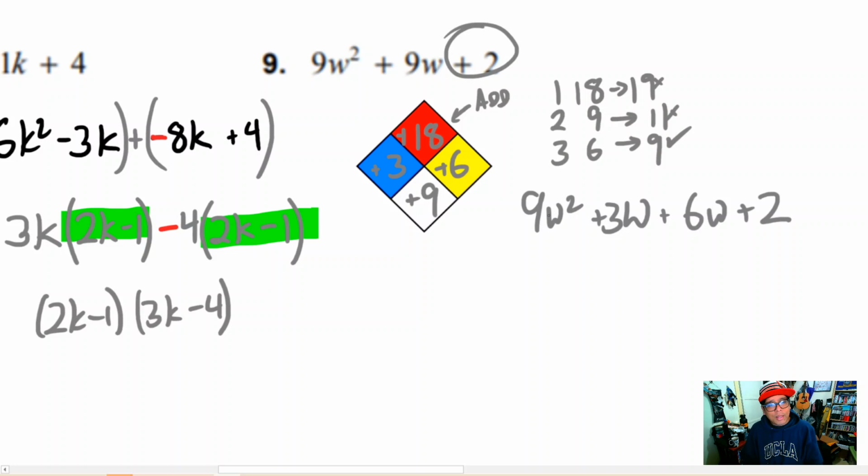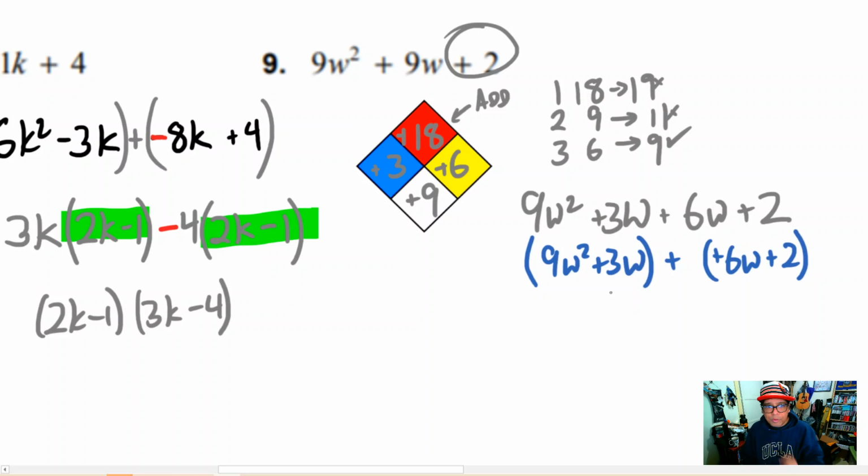Then we'll group. I'll do this in a separate step: 9w squared plus 3w, put a plus sign, and then plus 6w plus 2.